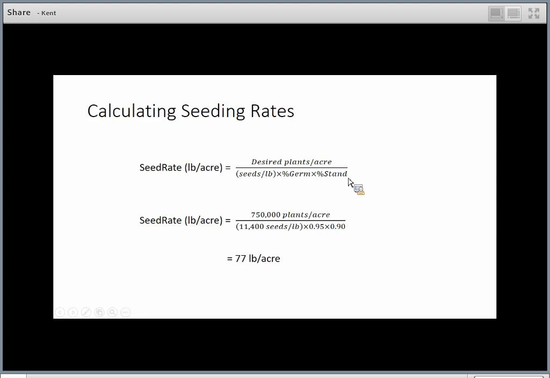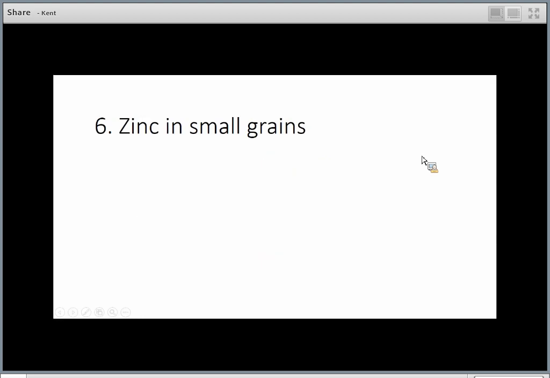You know, if it's a 90% of what you plant is going to come up, then you use 0.9. But this seed weight for barley is typically around 12,000 seeds per pound. So depending on the seed size, it might vary from 10 to 12,000. 77 pounds per acre for that 750,000 plants per acre seed rate.